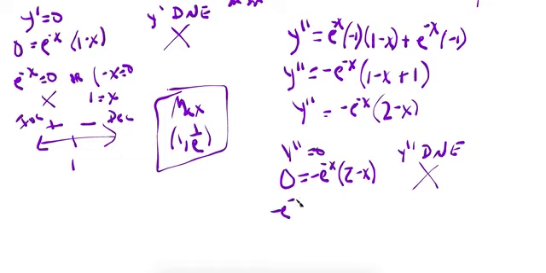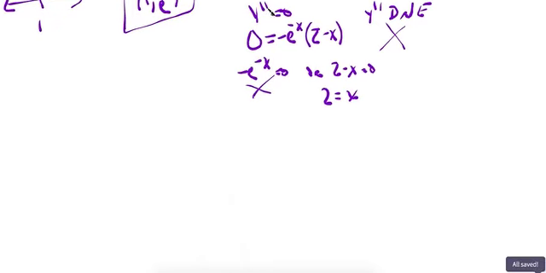Either negative e to the negative x is equal to 0 or 2 minus x equals 0. We know this isn't going to yield any results. This, however, will get 2 is equal to x. So there is the critical value for the first derivative, and it gives us a value in the second derivative to test.